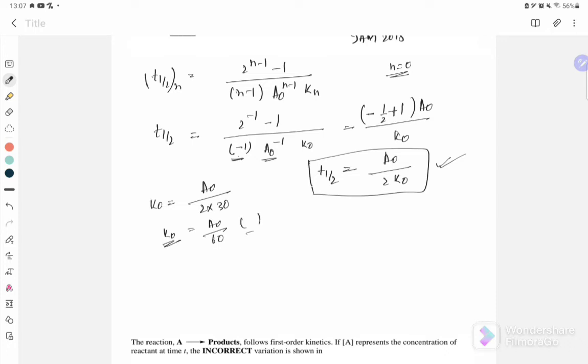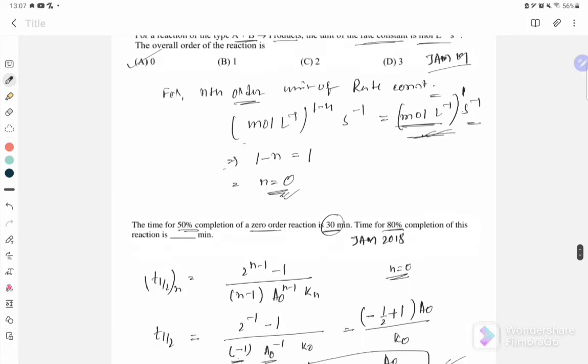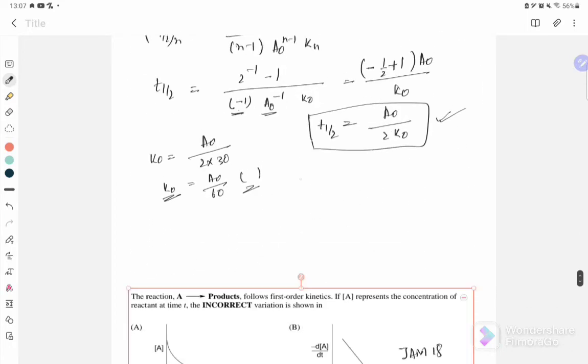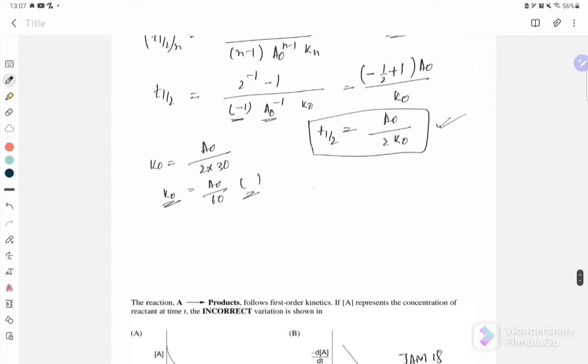The unit is mole liter inverse second inverse, as we got from here. Our main equation for the zeroth order reaction is A at time t equal to a0 at time 0 minus kt.